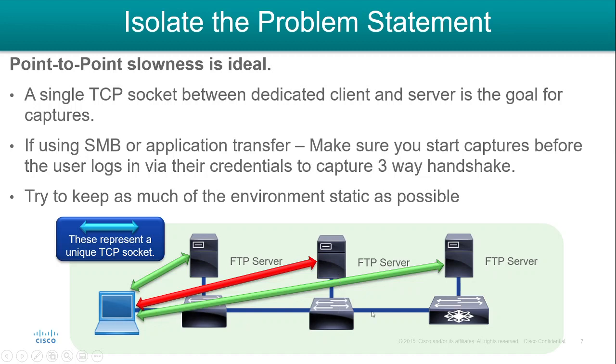But the network devices in the path do not change, and I'm not doing something where maybe I'm changing routing or changing some sort of parameter or moving my client. I'm keeping as much of the environment as static as possible. That way we can rule out variables a little bit later on.